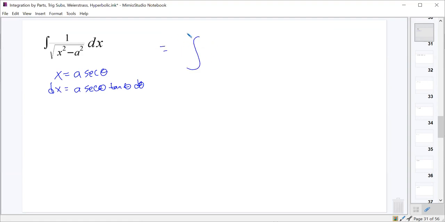So in our numerator, we just have dx, which is a secant theta tangent theta d theta, over the square root of a squared secant squared theta minus a squared.